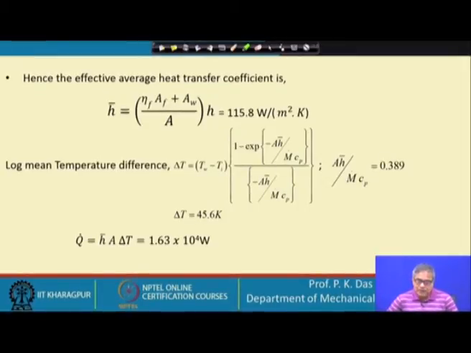Then we have to calculate the log mean temperature difference. Here there is one catch, please try to understand. This is a phase change heat transfer device where condensation is taking place and it is being cooled outside with air. So, there will be a change in temperature of air.